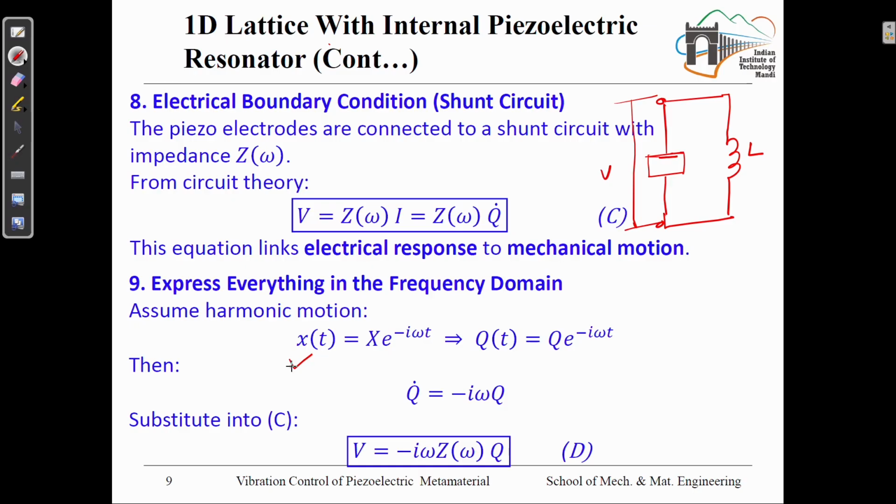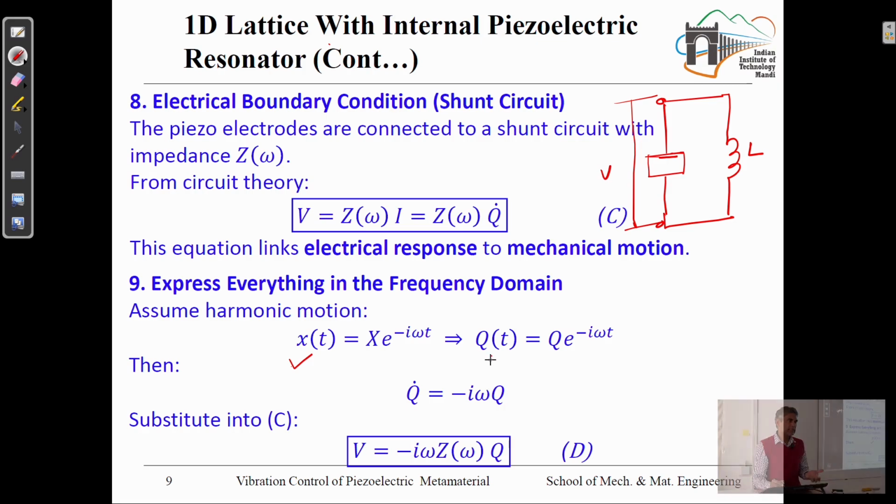Since this is harmonic, Q will also be harmonic, right? Since the charge depends on the relative displacement, it is also harmonic. To take the current from this equation, we differentiate it, and we get Q dot, that is I, equal to minus i omega Q. Then we have this voltage.